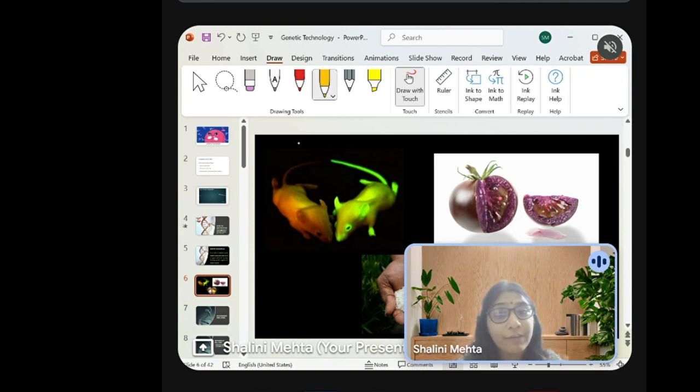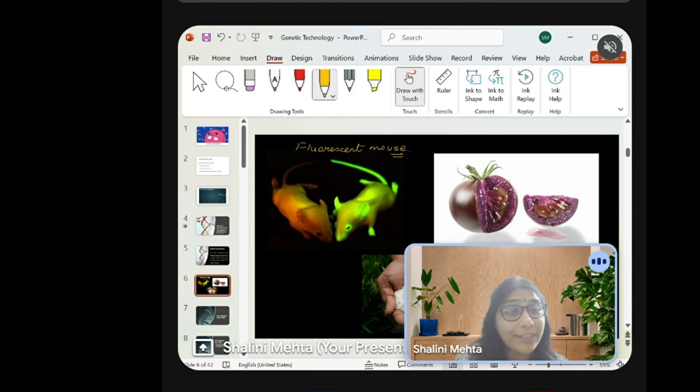A fluorescent mouse is something that glows in the dark. Isn't that interesting? How have we developed that fluorescent mouse? A fluorescent gene from jellyfish is taken and inserted into the mouse, and in the mouse that gene gets expressed, resulting in fluorescence. That means it glows in the dark.